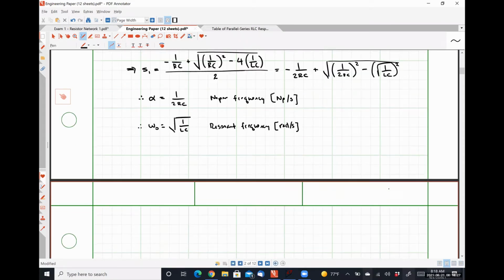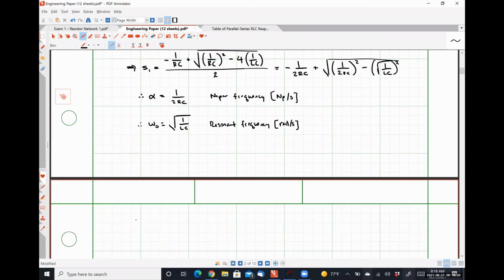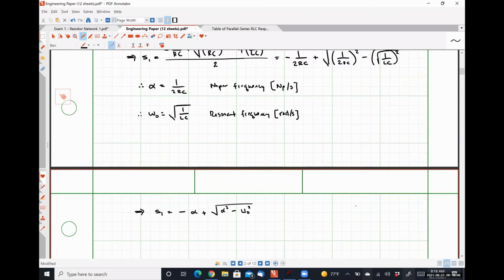So with that in mind, I can re-express S1 as negative alpha plus the square root of alpha squared minus omega naught squared, and I could say that S2 is negative alpha minus the square root of alpha squared minus omega naught squared. So this is my second solution for that second order polynomial.